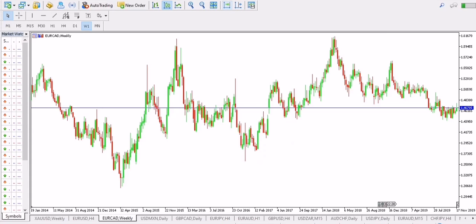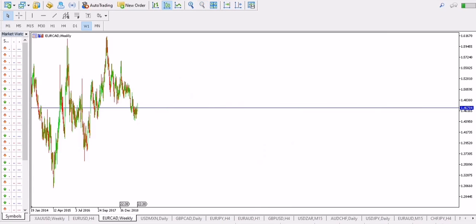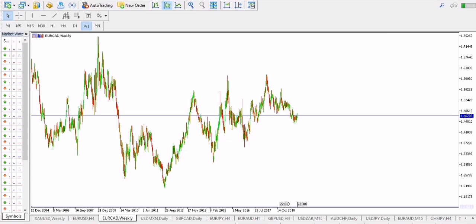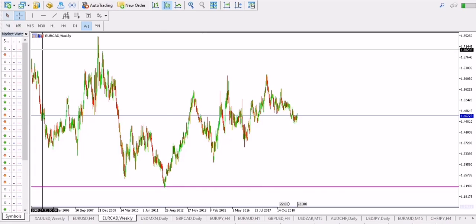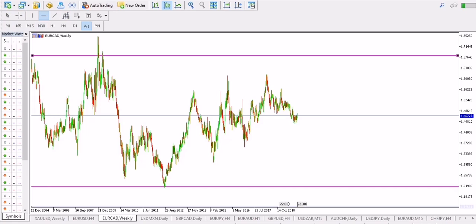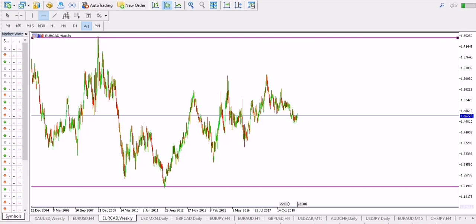But first things first, zoom out completely in order to be able to determine the highest point and the lowest point of your chart, which is going to be here at around 1.21621, and then we do the same thing with the highest point on the chart, which is around 1.75250.